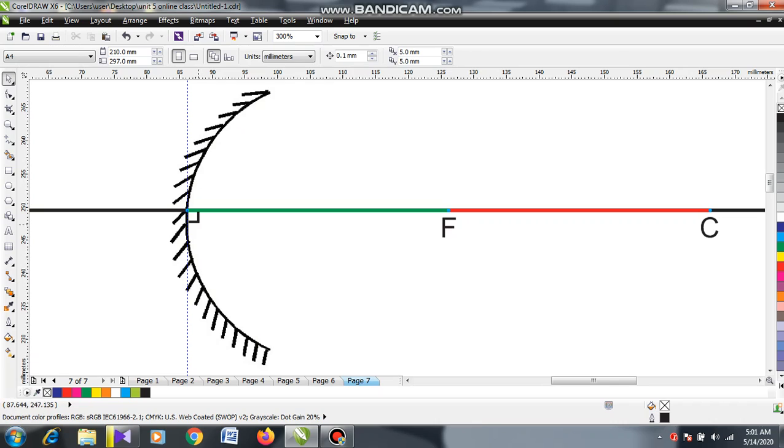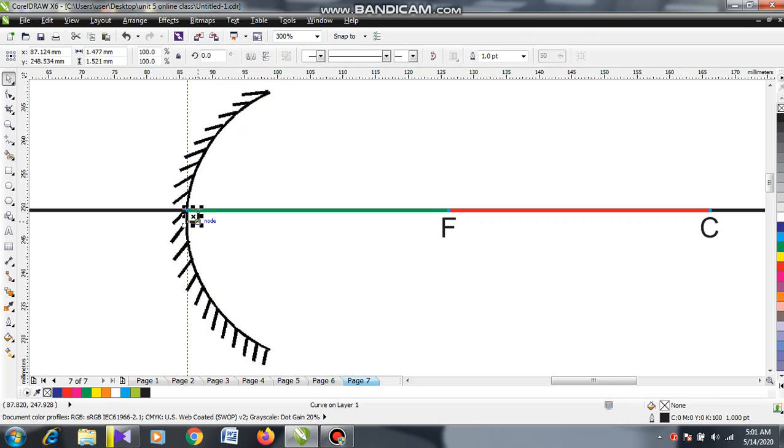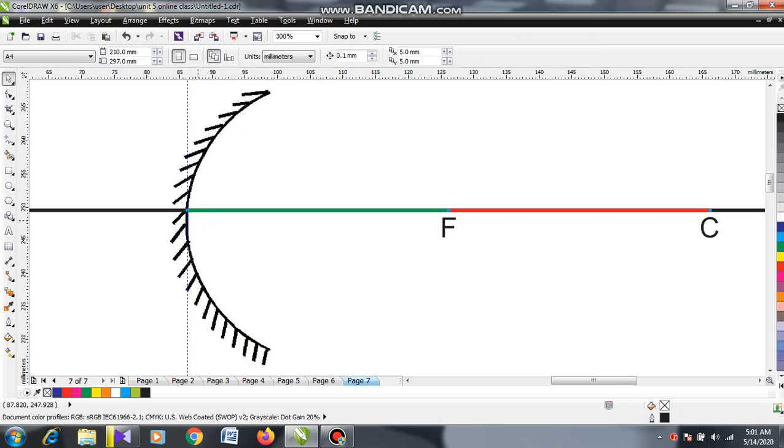In this concave mirror, first of all we are going to work on how light is reflected in a concave mirror. I'm going to take the basic idea.